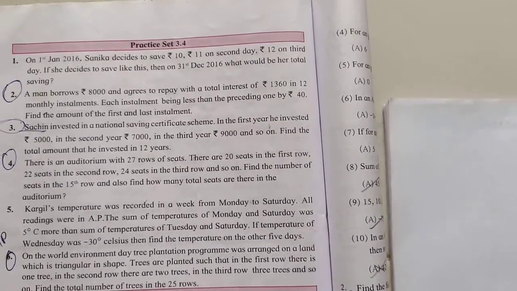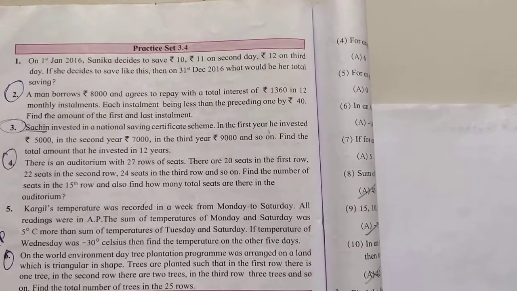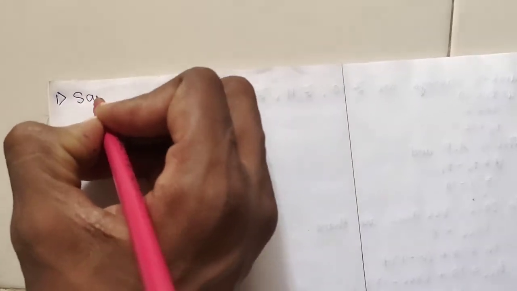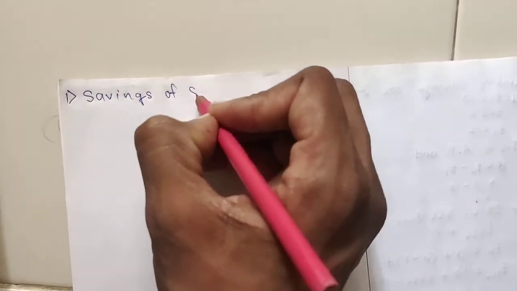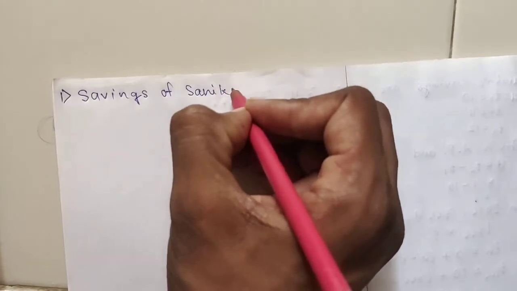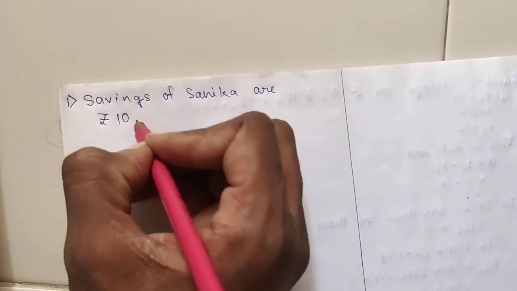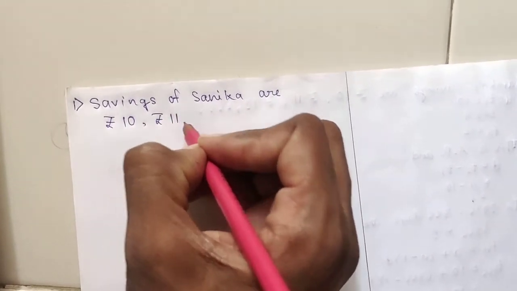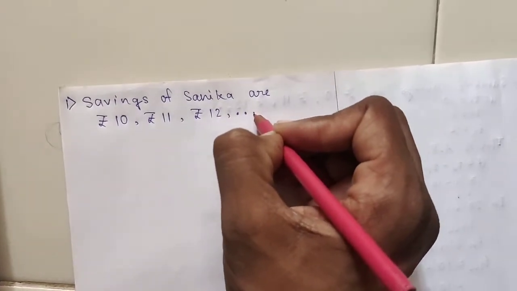So what is given to us? Savings of Sanika are rupees 10, rupees 11, rupees 12 and so on.